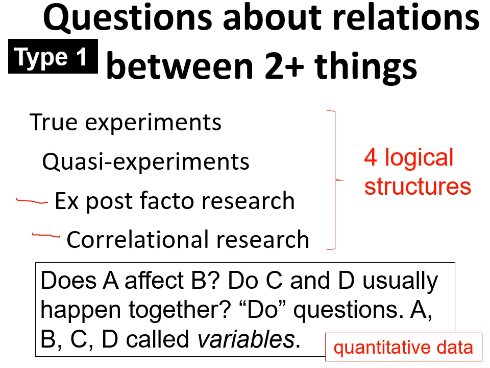And a feature of these kinds of questions is where we have A and B or C and D, these are things called variables. So does temperature affect precipitation? Do high unemployment rates and low wages usually happen together?